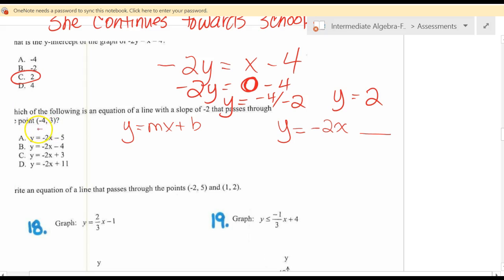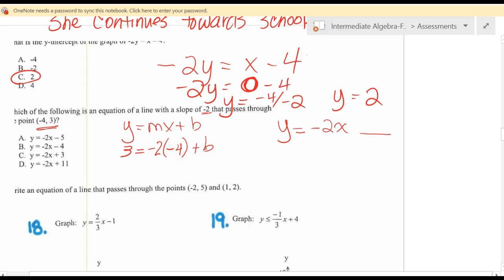So I'm going to take what I'm given. I'm given (-4, 3), and I'm given -2, and I'm going to substitute all of that into my y = mx + b, and I'm going to solve for b. So my y in this case is 3. My m is -2, and my x is -4.